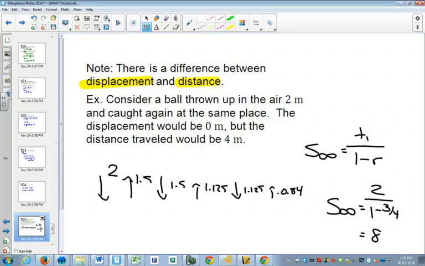Because we said 75%. So that's how much we're multiplying each time. If we started with 1.5, can you see that this is all the down distances, all the up distances would equal, mental math.